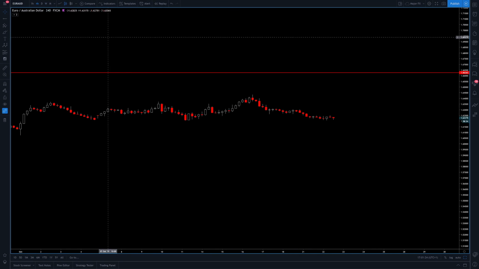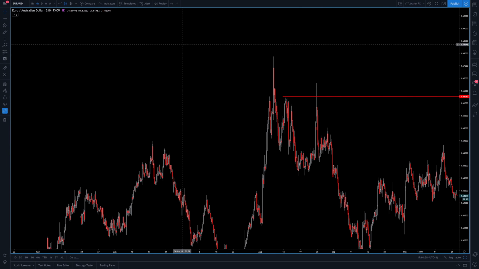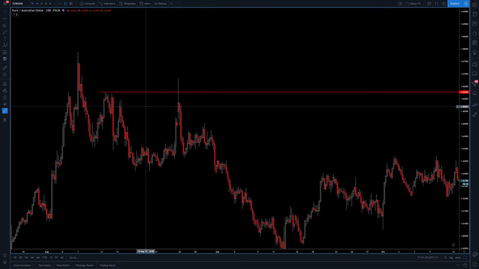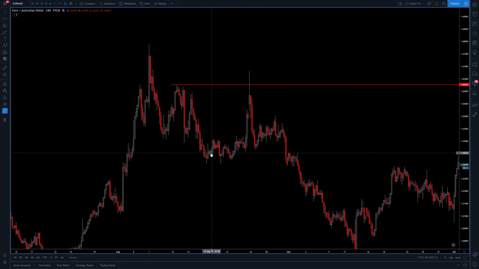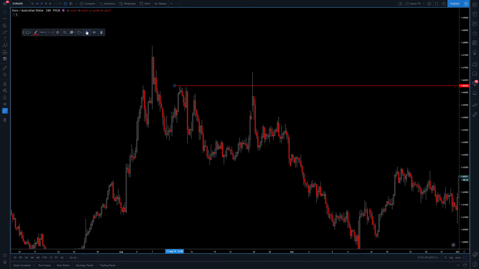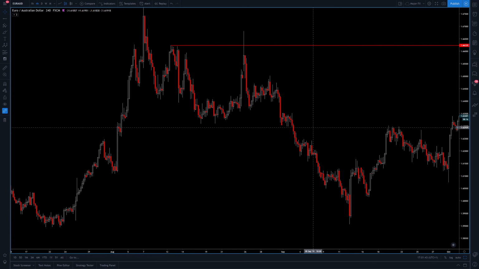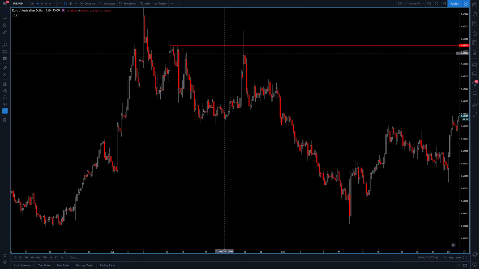Within that bigger weekly swing failure, you had a move away. That swing failure was here. There's momentum to the downside. It came back up for a final push, swing failed the high, which is just there, and then you had the beginning of the new downtrend. So that's like a swing failure within a swing failure.